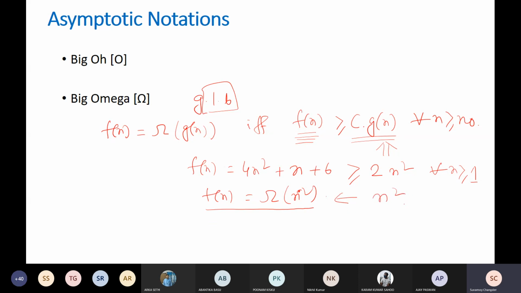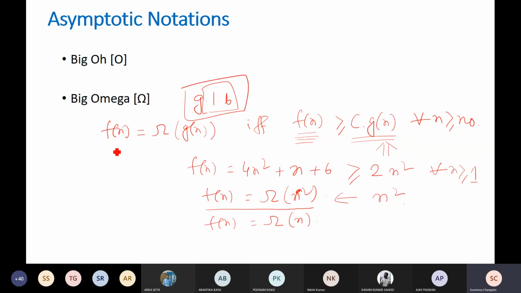Similarly, 100n square plus 7n or something like that can also be expressed as the lower bound of n square. Now, just like the previous one, big O, again f(n) can be bounded as omega of n, because if its lower bound is n square, then a much smaller value can also be a bound. But here we will consider the greatest lower bound of all the bounds.